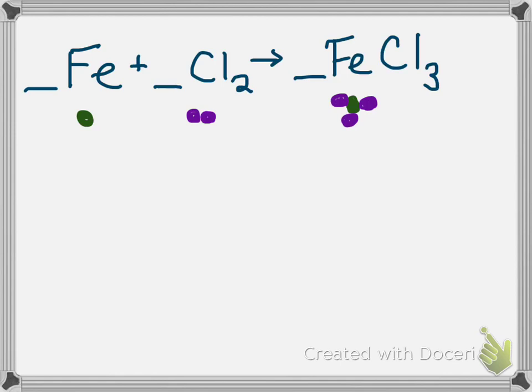So I have fewer chlorine atoms on my reactant side. So I'm going to add another chlorine molecule onto my reactant side. So now I have 4 chlorine atoms on my reactant side and only 3 on my product side. So I'm going to add another one of my product molecules.